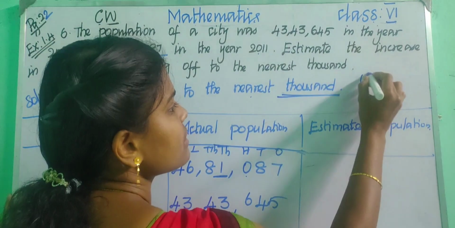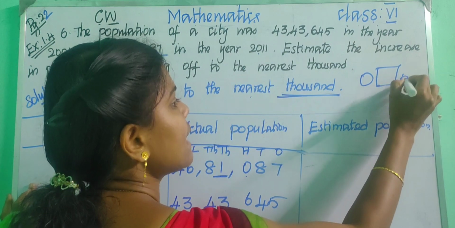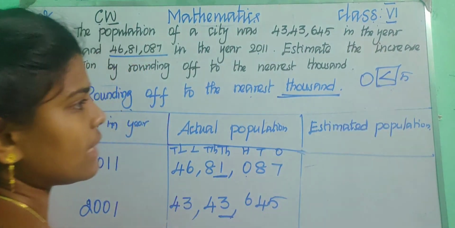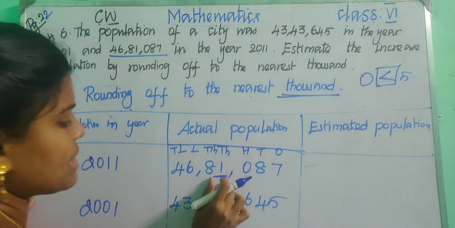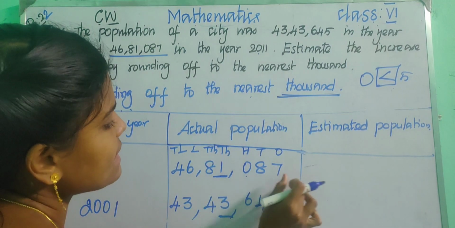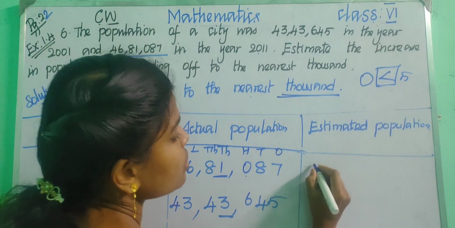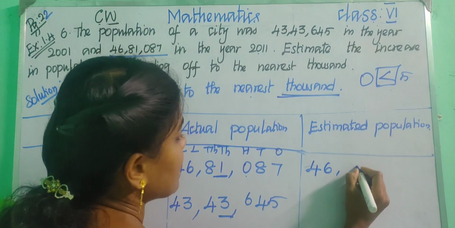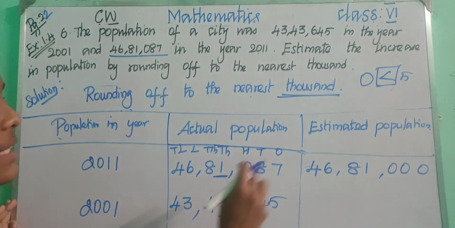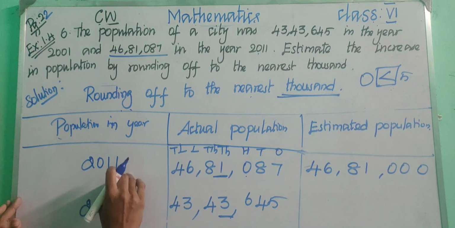Let us check whether the 0 is greater than or less than 5. Less than 5, right? So we need to put the same digit. So 46 lakhs 81,000. For all the remaining digits we need to put zeros. So 46 lakhs 81,000 is the estimated population of 2011.